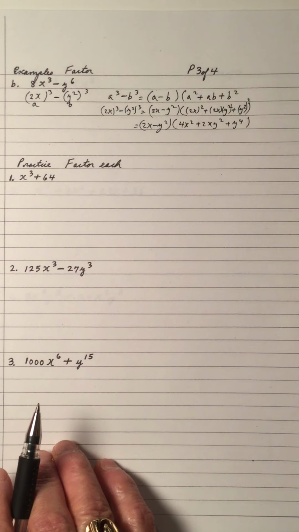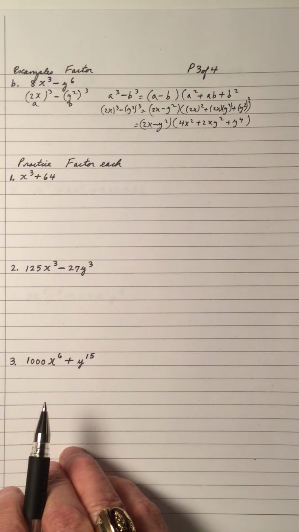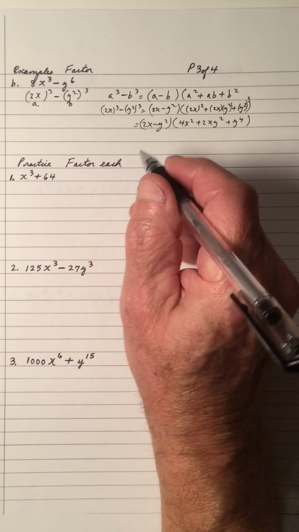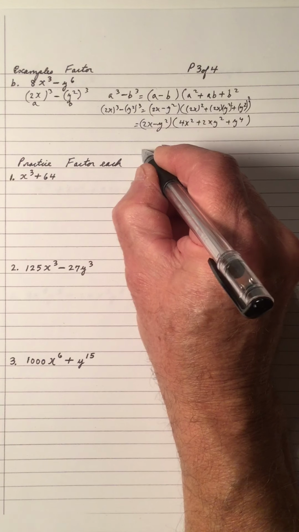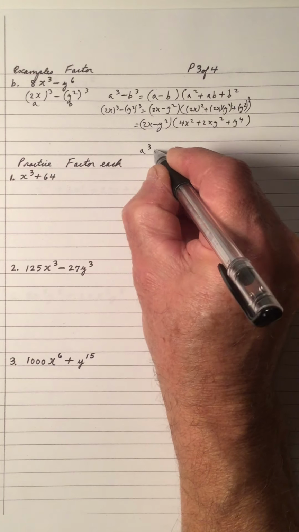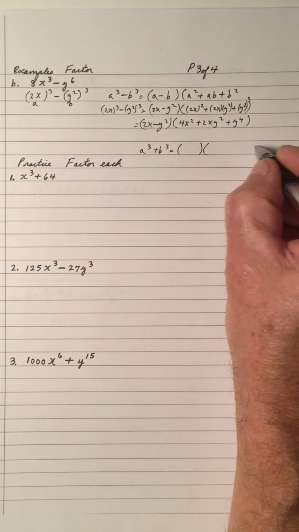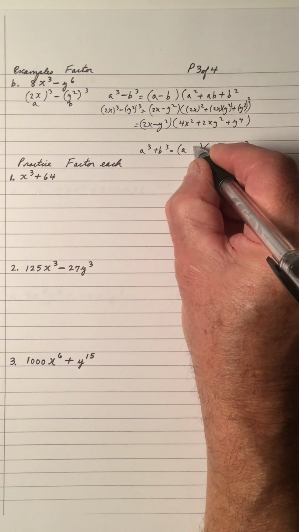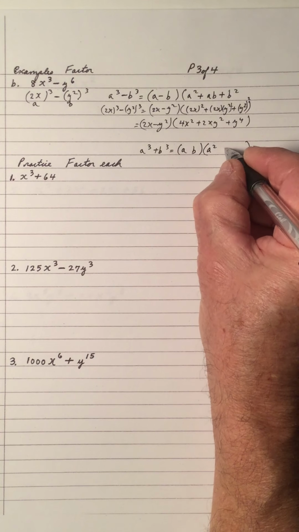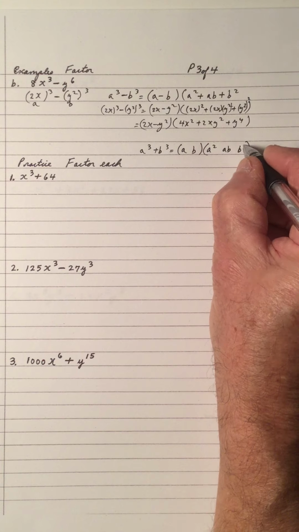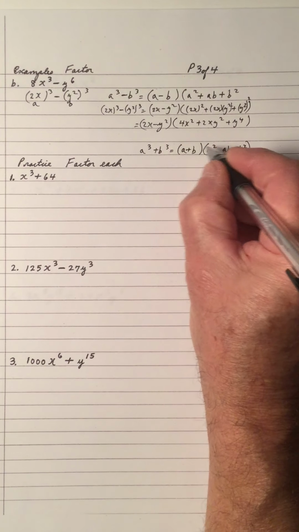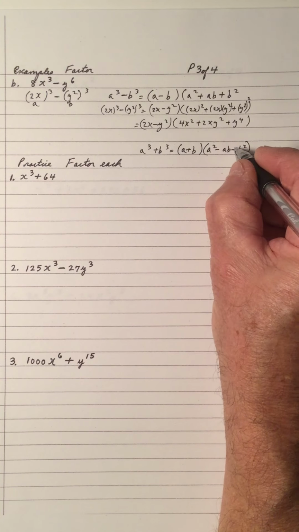And practice means that you have to learn your patterns. So your pattern is a cubed plus b cubed. Pattern is, here we go, try it again, a squared, ab, b squared. That's a plus, that's a minus, and that's a plus.